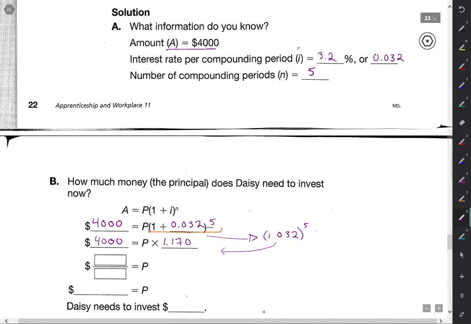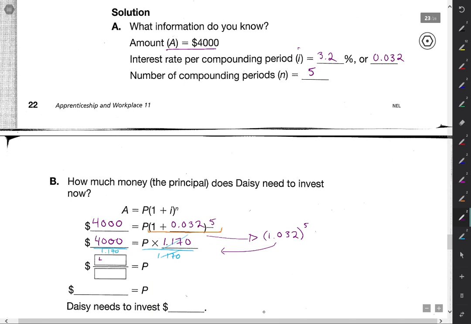So now we need to isolate P and get it all by itself. So we're going to divide both sides by 1.170 because that will cancel it out. So that cancels us out there, and we're going to do the same thing to the other side of the equal sign to keep it balanced.